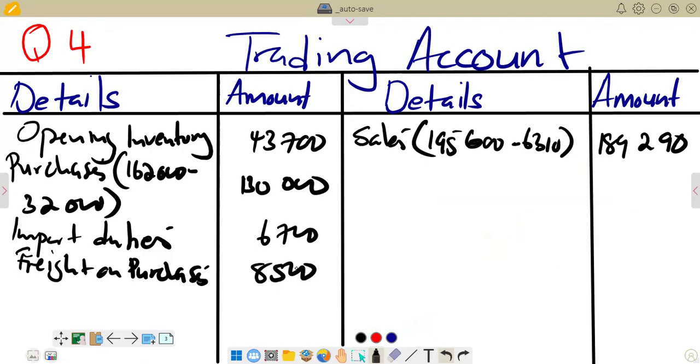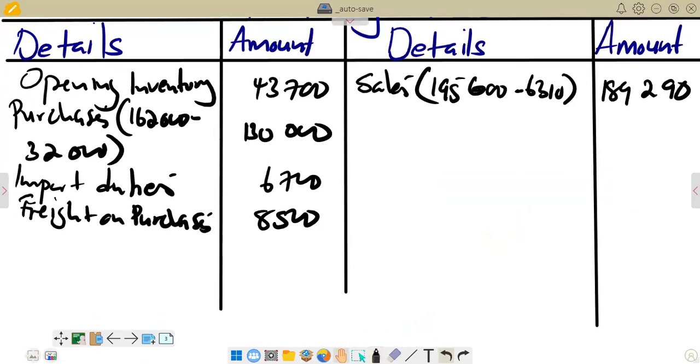So what is going to happen here is we have entered all the elements that are supposed to be in the trading account. But you'd see that the figure that we are going to calculate there is gross profit, which is going to come here. Gross profit is the figure that we don't have. When we find the gross profit, we're going to put it here.